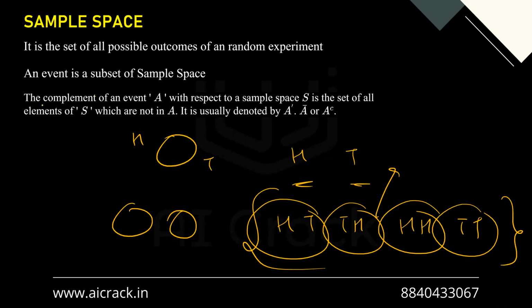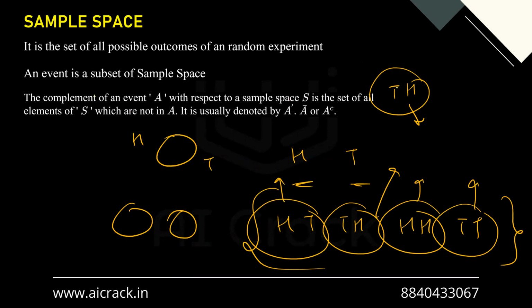Now we have this definition called the complement of an event A with respect to a sample space S, which is the set of all elements of S which are not in A. For example, if I'm talking about tails coming first and heads coming after that, this is one event. Now the complement of this event would be this not happening, right? So that would be this one, that would be this one, and that would be this one.